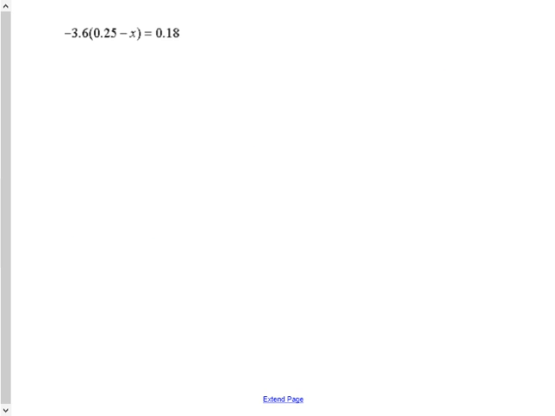Now we'll skip that question. Well, let's do this. This time we'll expand. We'll see how it works with expansion. Negative 0.9 equals negative 0.9 plus 3.6x equals 0.18.